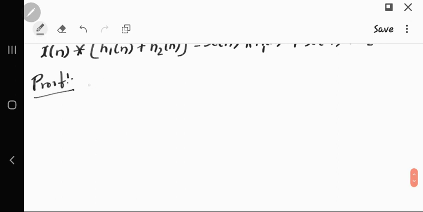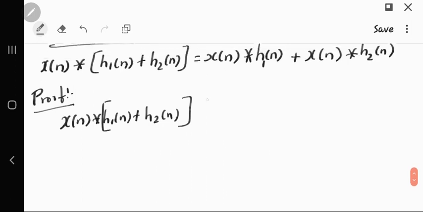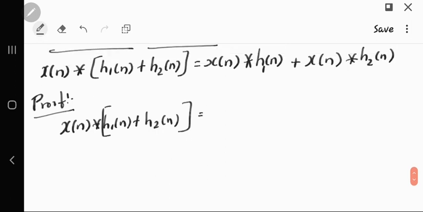We start with the LHS: x of n convolved with h1 of n plus h2 of n. Let us apply the definition of convolution sum, k equals minus infinity to plus infinity. You observe this: x of k is kept as it is.